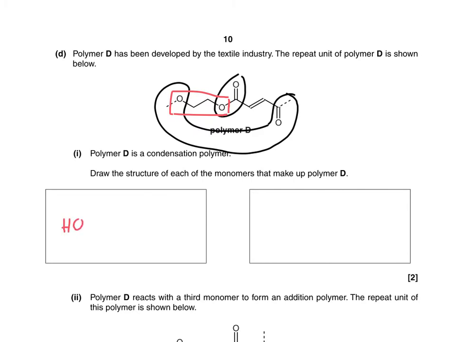So the alcohol that would make that would be this, and on the other side, let's change colour, we've got a carboxylic acid group from here and a carboxylic acid group here. I've made a real mess of that, I appreciate.